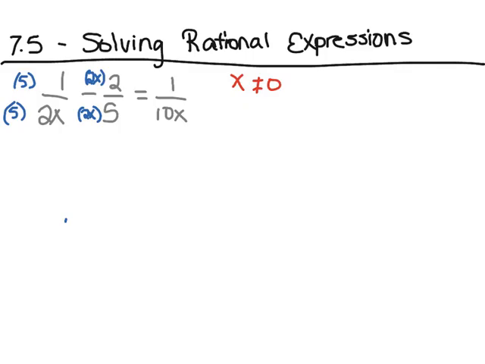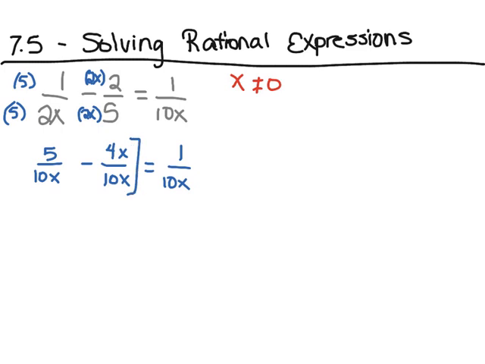So this should simplify to be 5 over 10x minus 4x over 10x, which equals 1 over 10x. Now what we're going to do is multiply everything by 10x to get rid of all the denominators.